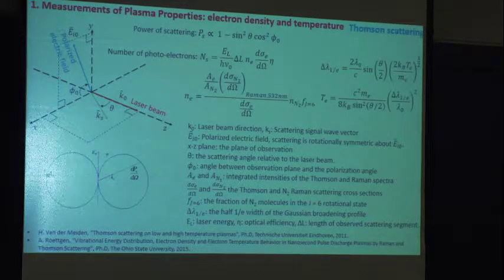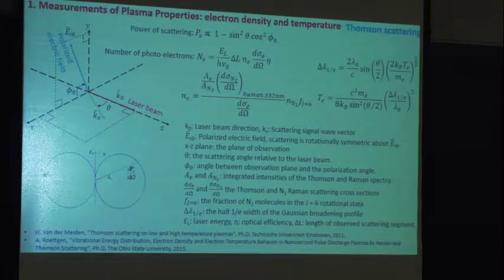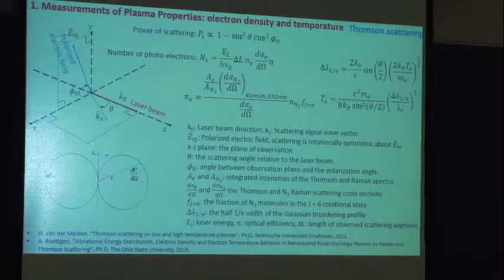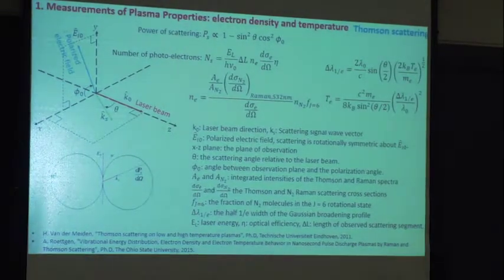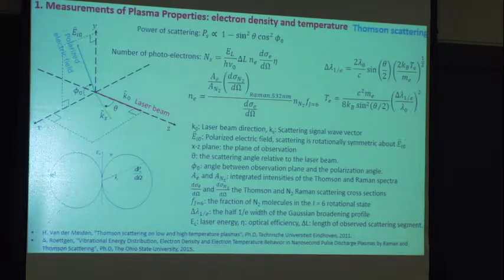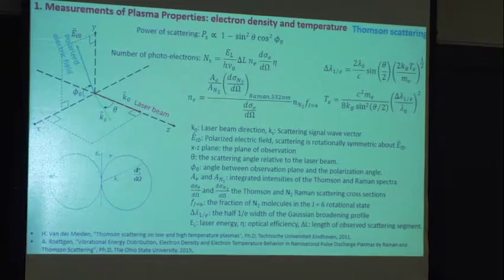And the number density of the photons you can observe from the scattering is proportional to the cross-section area of the electron scattering. It is also proportional to the length of the detection. For example, if you want to detect the beam at 1 millimeter or 2 millimeter, the larger the area you detect along the laser beam, the photon numbers increase linearly.